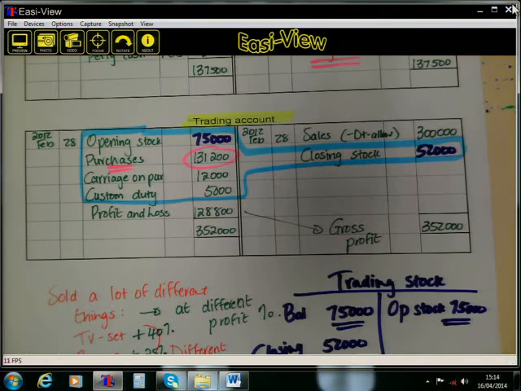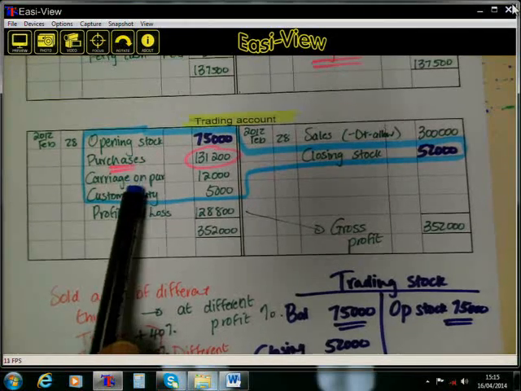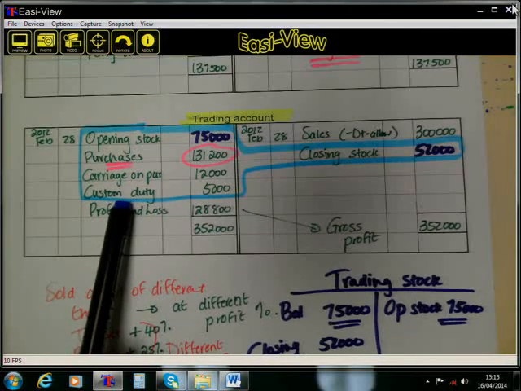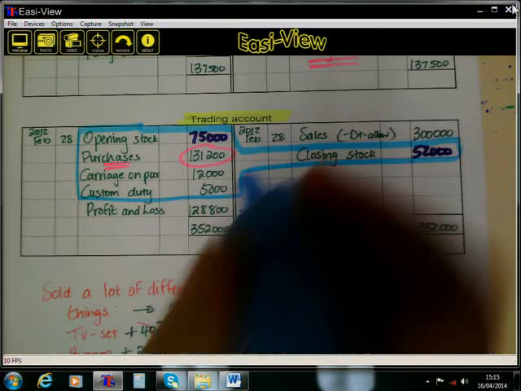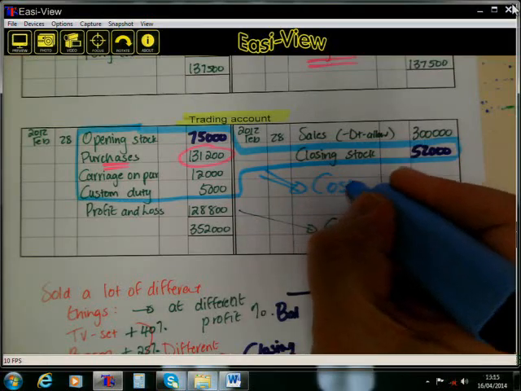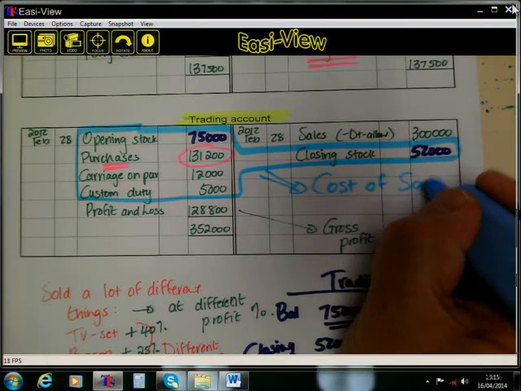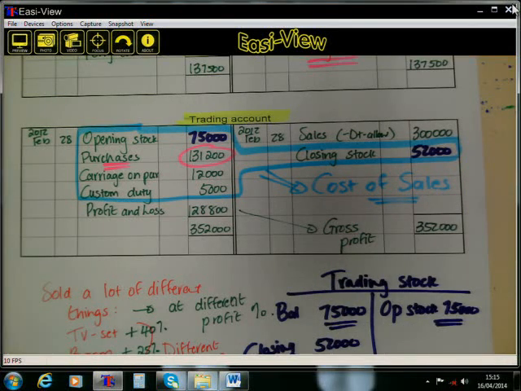So when you calculate cost of sales, it's opening stock plus purchases plus carriage on purchases plus custom duties minus closing stock, and that equals cost of sales.